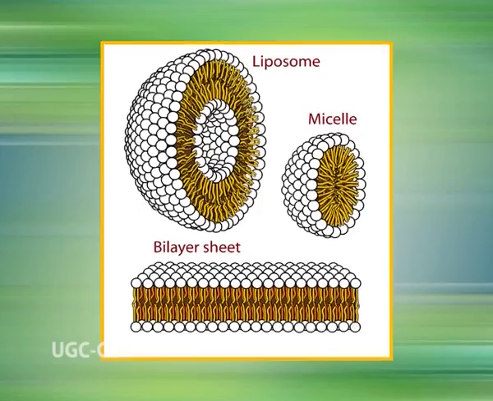A second type of lipid aggregate in water is the bilayer, in which 2 lipid monolayers combine to form a 2-dimensional sheet. In the third type, the lipid bilayer forms a hollow sphere called a liposome, which is a closed, self-sealing, solvent-filled vesicle that is bound by only a single bilayer.